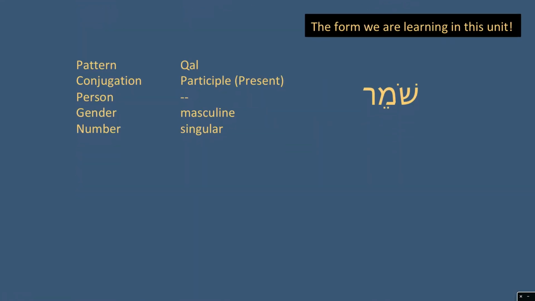Okay, so the form that we are going to be learning in this unit is part of the Kal Binyan, the basic binyan. The conjugation is going to be the participle, which for all intents and purposes right now we can think about as the present tense.